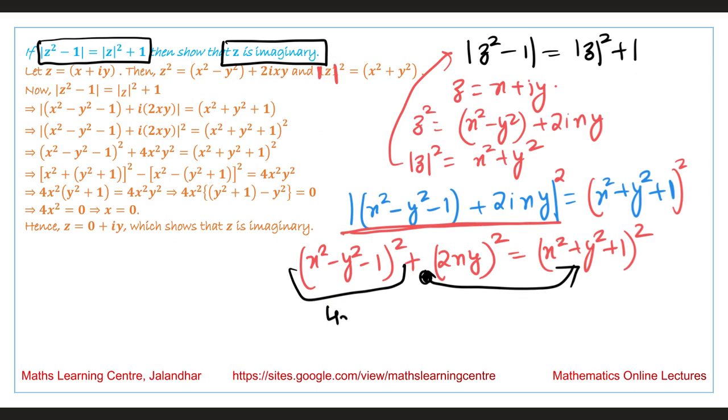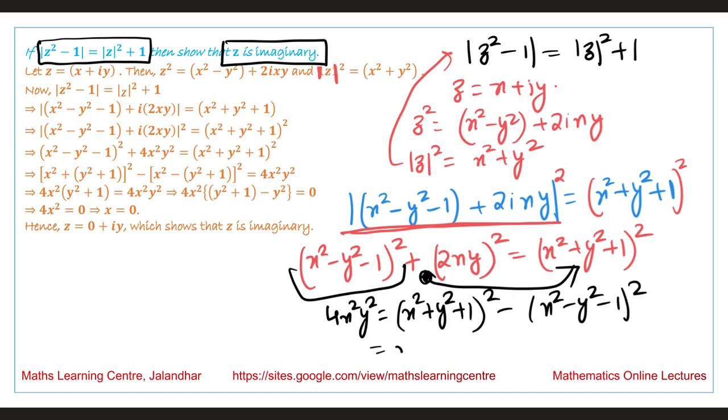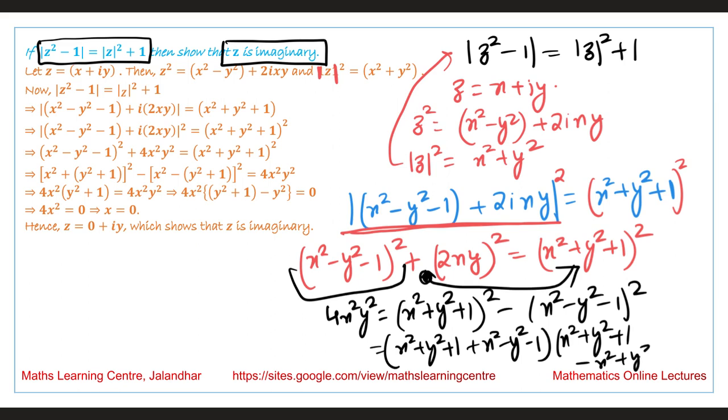We obtain 4x square y square is equal to x square plus y square plus 1 whole square minus x square minus y square minus 1 whole square. So it is equal to x square plus y square plus 1 plus x square minus y square minus 1, into x square plus y square plus 1 minus x square plus y square plus 1.